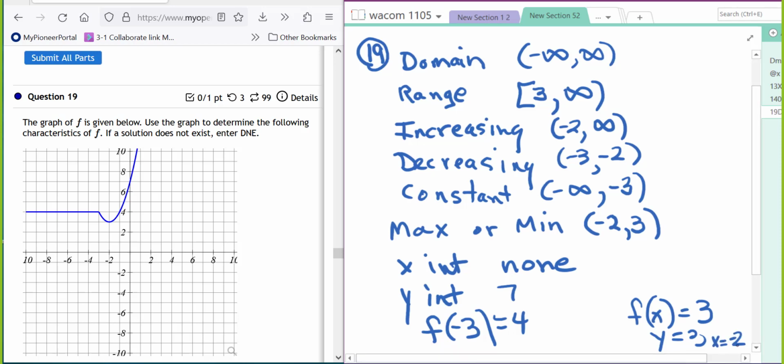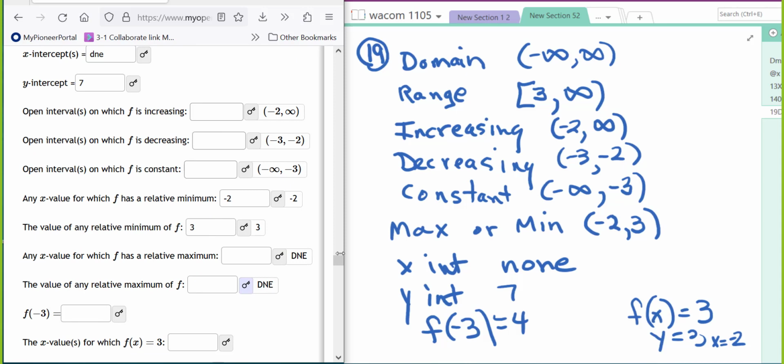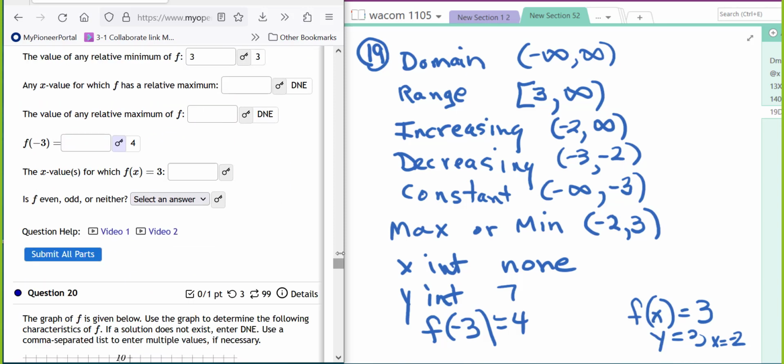Right? And for symmetry, you could not flip across the y-axis, so it's not even. And if you rotate it, it doesn't look the same down here. So it is neither on those. All right, and so we said f of -3 was 4. Good.